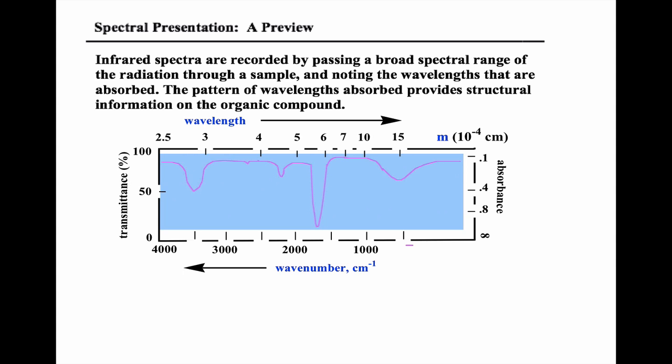If you like working with puzzles, you're going to love this, because these are pieces to a puzzle, and you put the puzzle together to give molecular structure. You're going to learn how to take spectra that look like this and determine which molecule is the correct one.